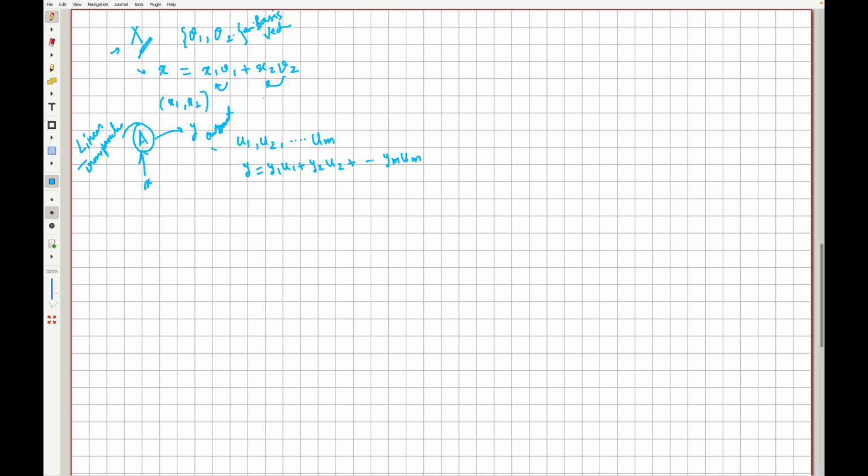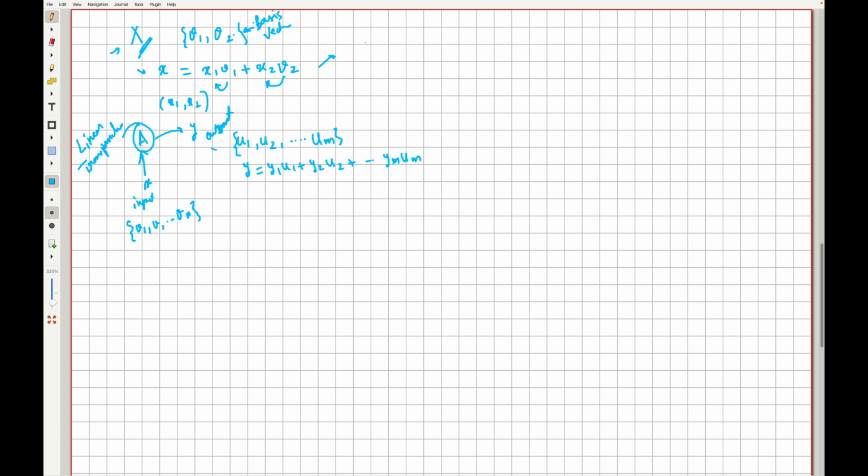Now with that idea, we have a basis set for this input space, v1, v2 all the way up to vn, and we have a basis set for the output space Y, which is u1, u2 all the way up to um. Now we can write this in a general form.